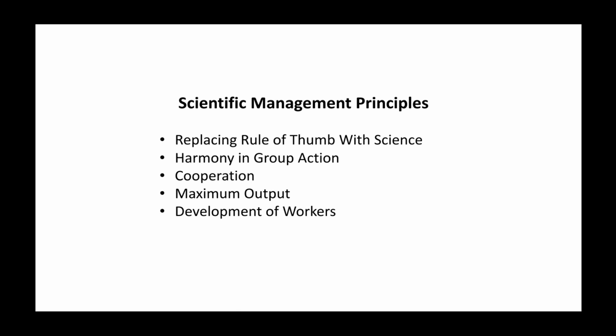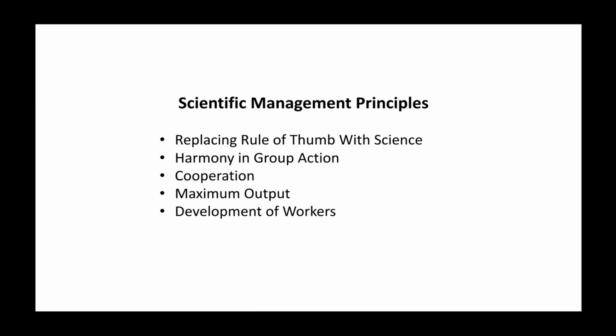Next, the third point is cooperation. Scientific management involves achieving cooperation rather than chaotic individualism. See, as an individual you will be working, but a major role of scientific management is that it always focuses on achieving cooperation among the group members.